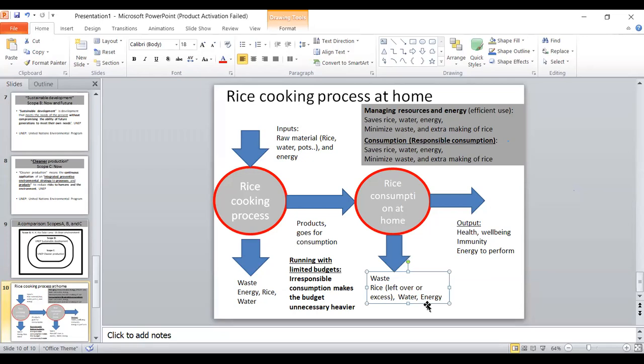So you need more rice, more fertilizer, more extraction of phosphate and all. So how about the future generation? That's why this is a very important step you can take, just starting from your home. Okay, so that is one thing.